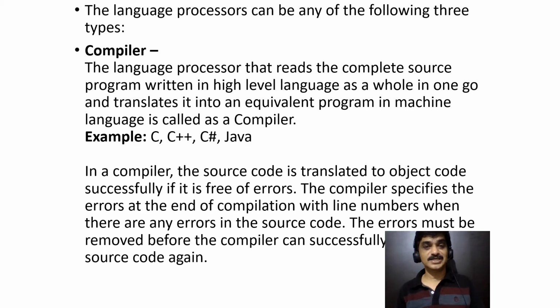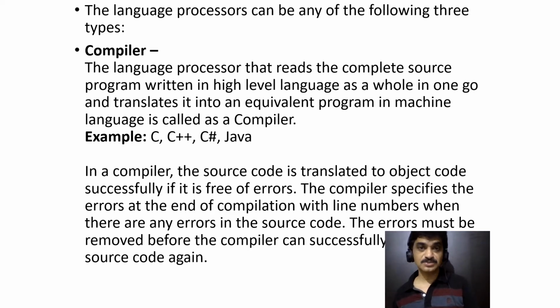Hope you understood. Here it is a source code. The language processor reads the complete source program written using these high level languages and converts it into low level languages or machine languages. This is the function of a compiler.